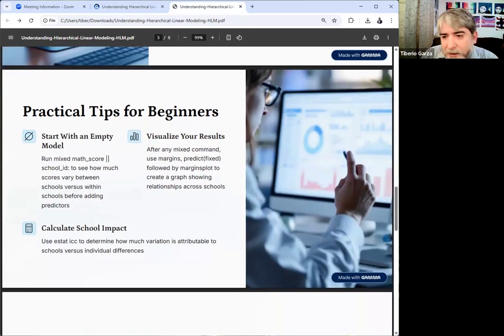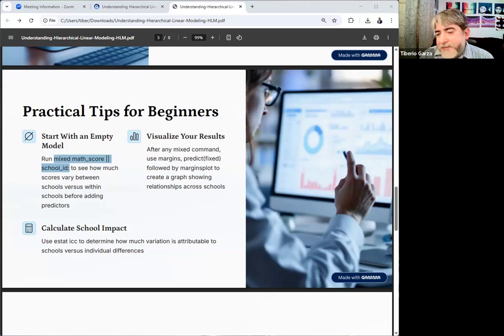Here are some tips for beginners. We can think about starting with an empty model. This part right here is going to answer how much math scores vary between schools versus within schools.